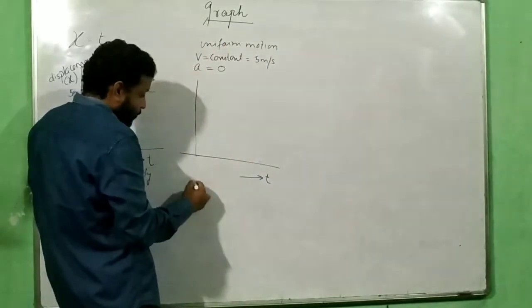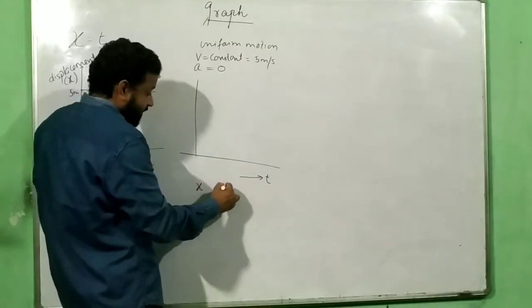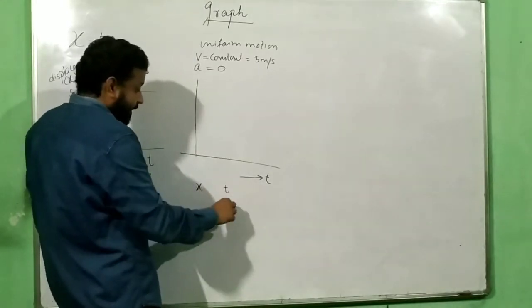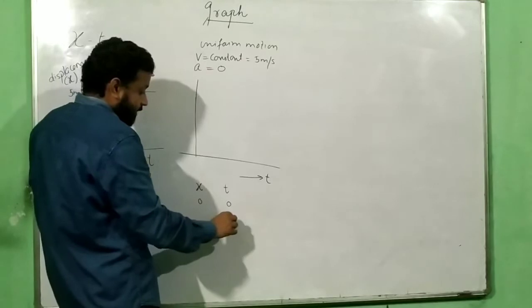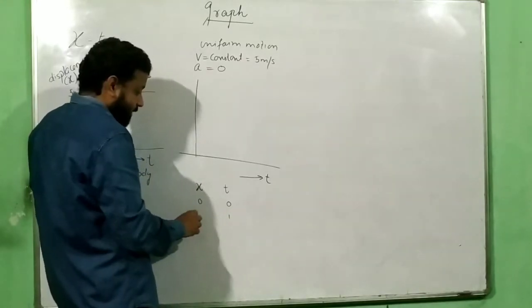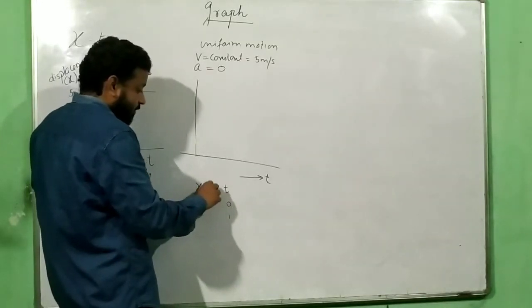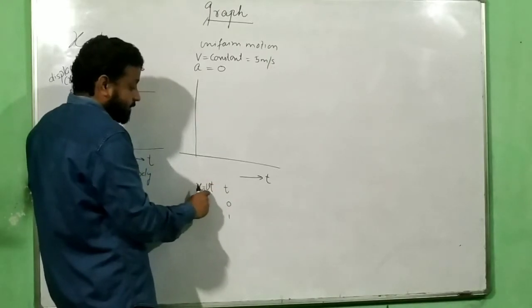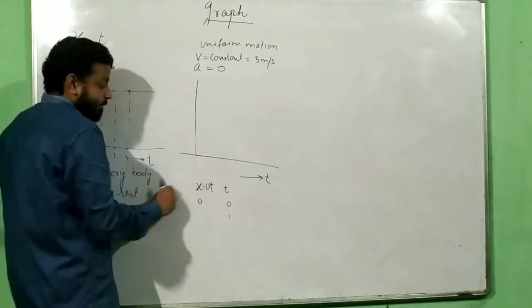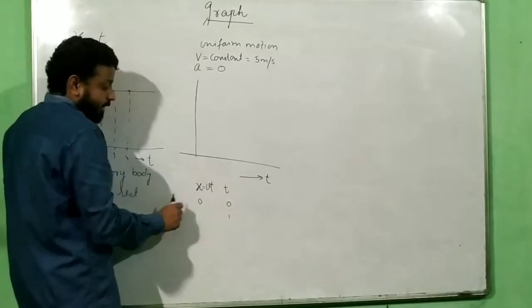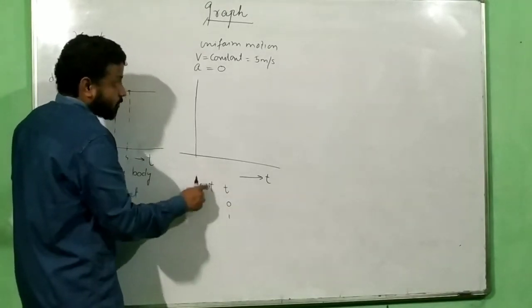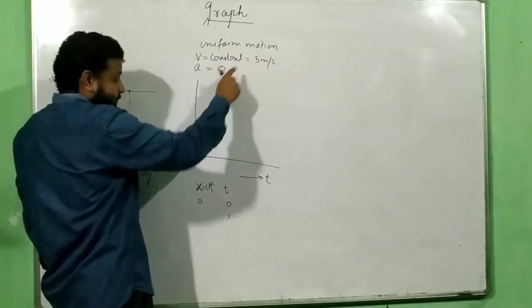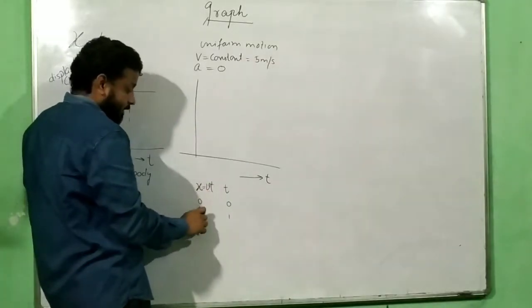So for uniform motion, if I have to plot distance versus time, let us say at time t equal to 0, the body is at 0. I am going to use distance equals velocity into time. At time t equal to 0, my x is equal to 0. At time t equal to 1, what is my velocity? Remember, velocity is 5, so this is 5 into 1, this is 5.